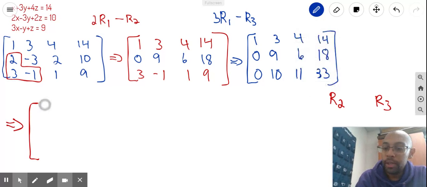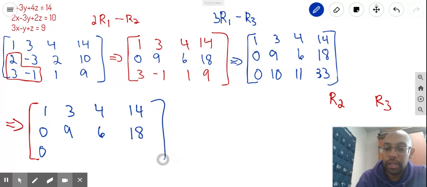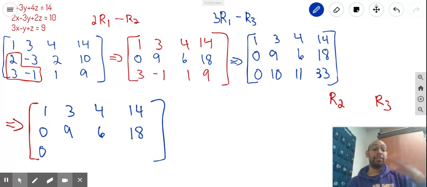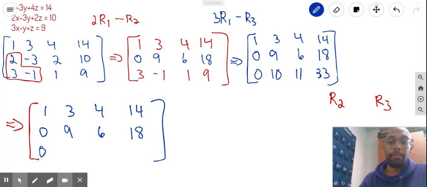So row 1 stays the same. Row 2 stays the same. And then the first location of row 3 will not change. But now I'm going to change the rest of row 3 using this row operation where I relate row 2 and row 3 in the second locations respectively.